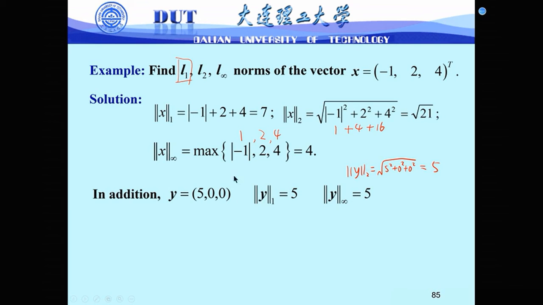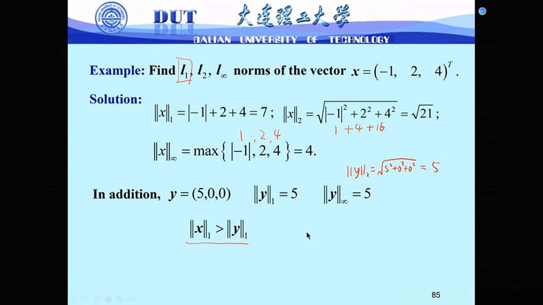Now let's compare y and x. If we choose the L1 norm, then we know 7 is bigger than 5. So in this case, the L1 norm of x is bigger than the L1 norm of y.